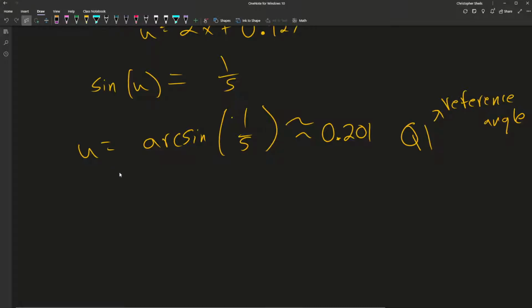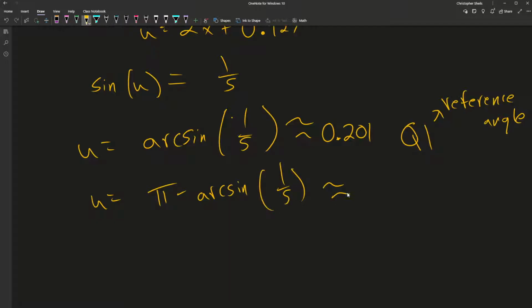So if I want to find an angle in quadrant 2 with an equivalent sine value, then I can do so by taking pi and subtracting this reference angle. I just have to rotate clockwise by this amount from pi to get an angle in quadrant 2 that has the same sine value. So this is going to be pi minus arcsine of 1/5, which is about 2.940.